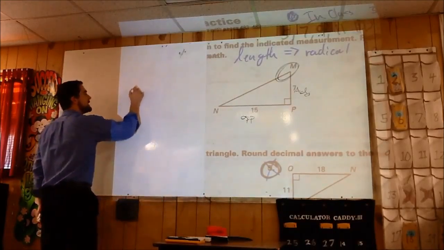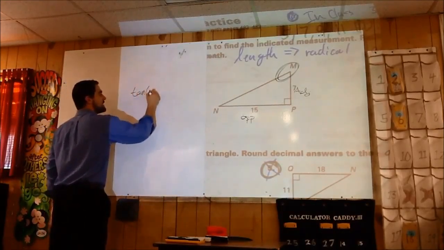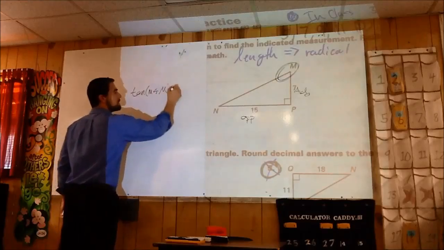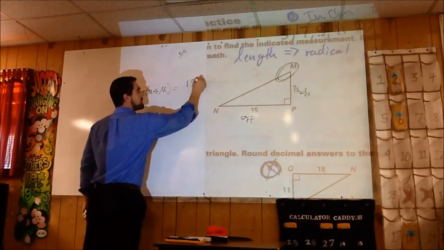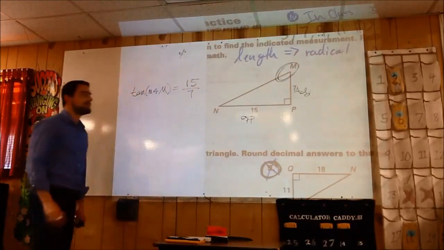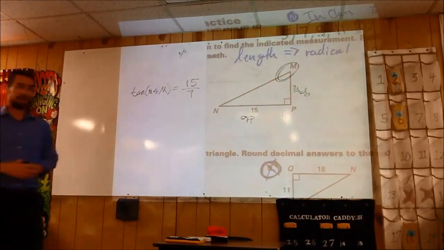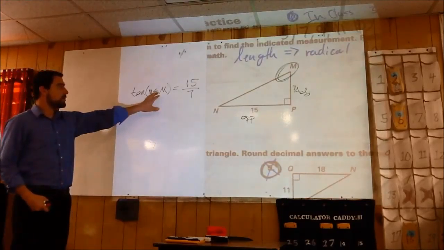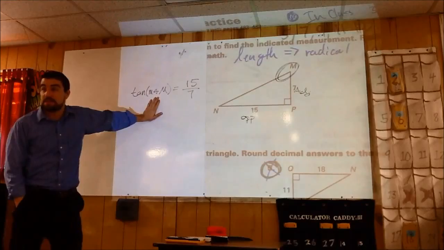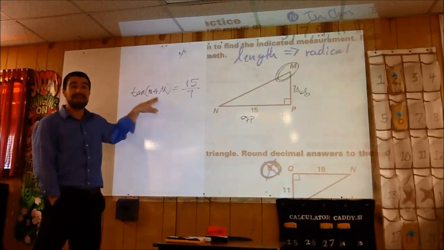What's my ratio going to be? Tangent of the measure of angle M is equal to what? 15/7.